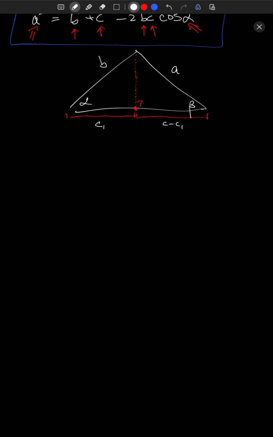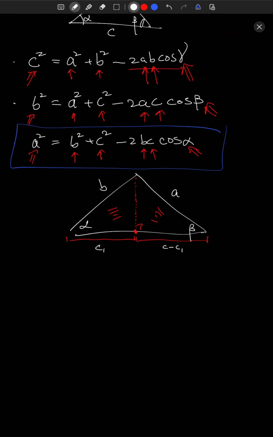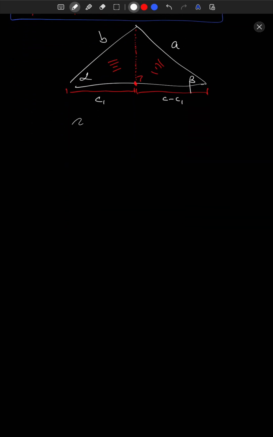Now let me look at the two right triangles I've created. I have a right triangle right there, and I have a right triangle right there. I'm going to use the Pythagorean theorem. I should give this vertical height a name. Let me call it y.